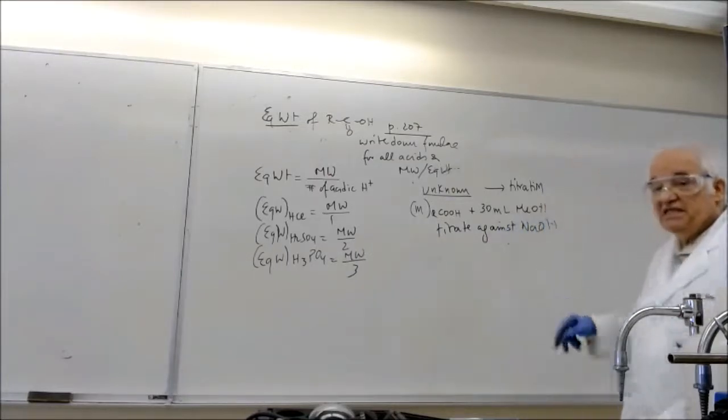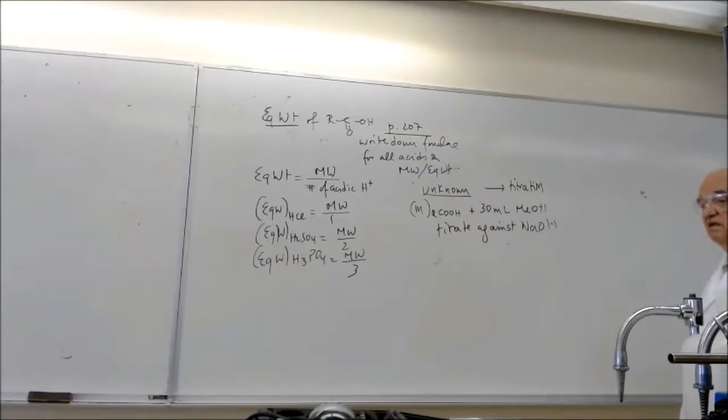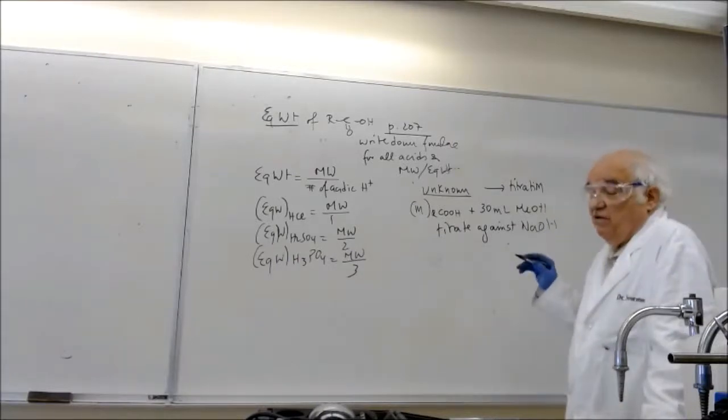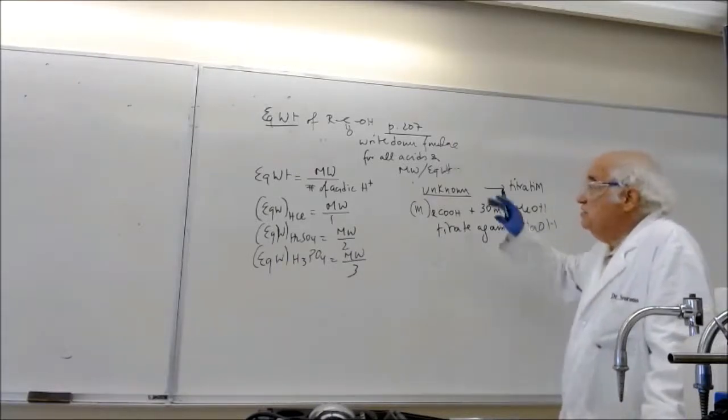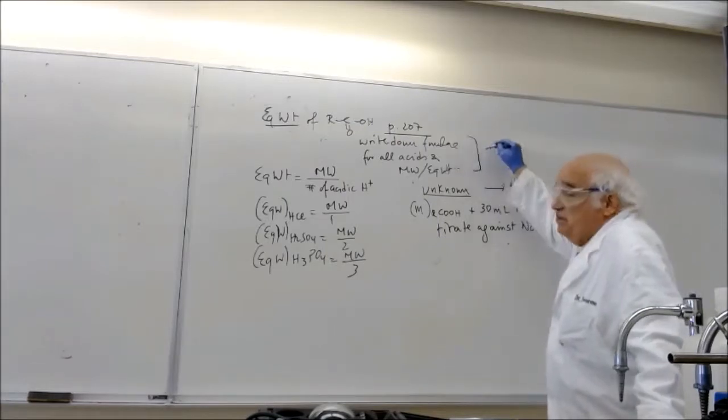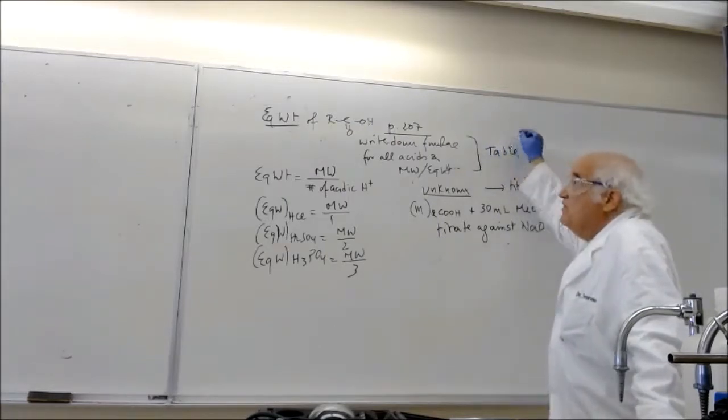The NaOH should be standardized, so you will be taking a certain volume of NaOH to neutralize it. But the most important thing is that you have to write down the formula of all acids in the table at page 207.